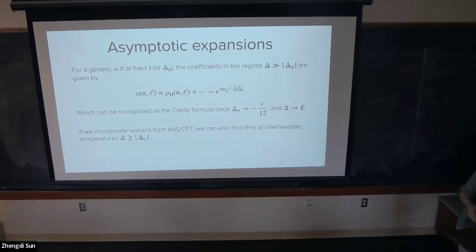But once we incorporate lessons that we can learn from AdS/CFT, we can also find black holes and this Cardy-type behavior at intermediate temperatures, or at intermediate values of the discriminant compared to delta 0.